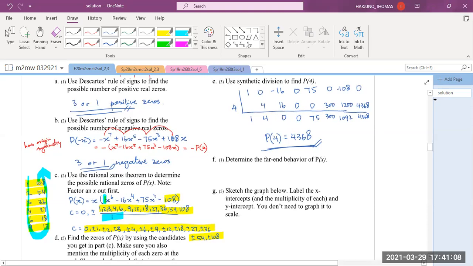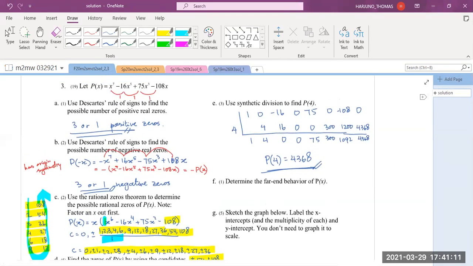How about the far end behavior? The leading coefficient is positive. The exponent is odd. So it will again be bottom to top, or something that looks like that.